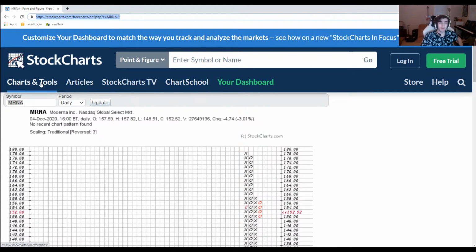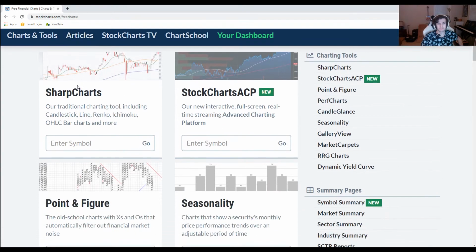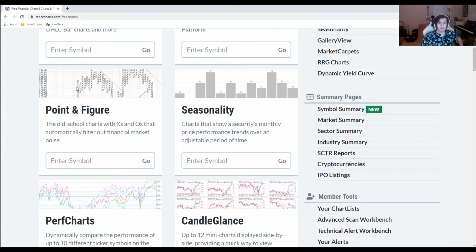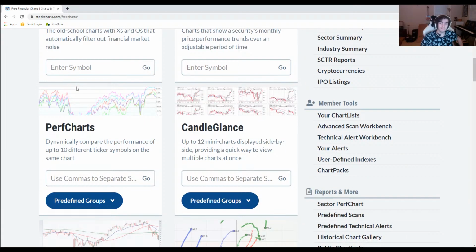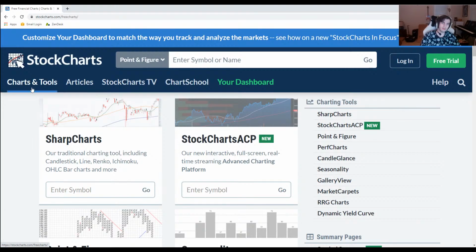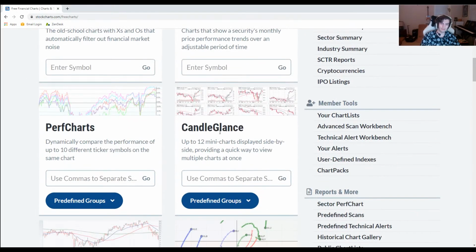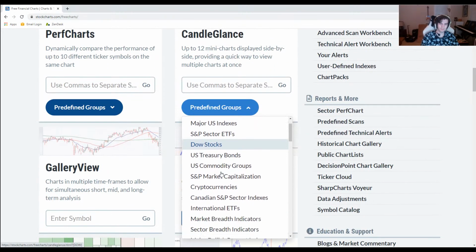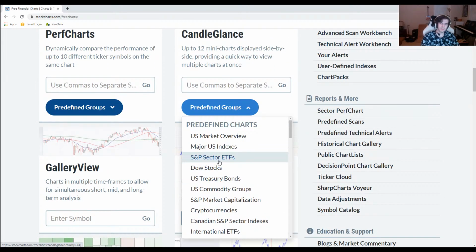What I want to show you all is how you can find some of these chart patterns yourself. So first I want to show you BPI. If we go up here to Charts and Tools and scroll down to Candle Glance, under Predefined Groups, we can get all of our sector ETFs, but we don't want those.